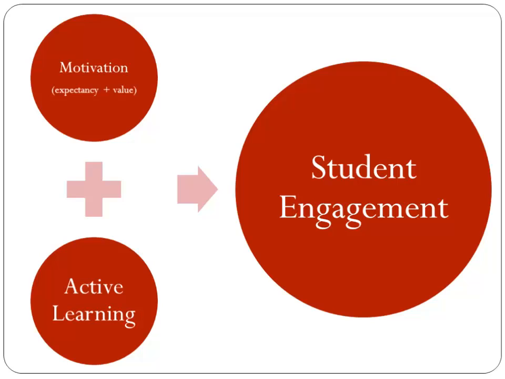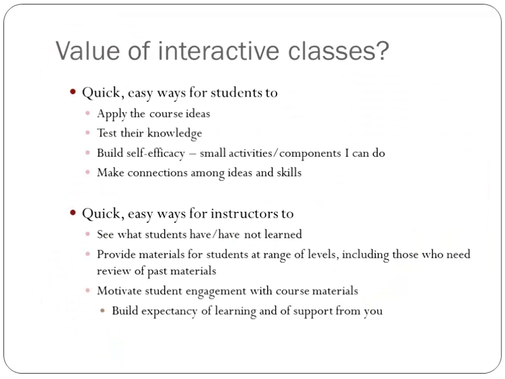So those are the twin values: expectancy and value help to create motivation, and motivation and active learning really lead to student engagement, and student engagement is critical on the path to true student success at our institutions.